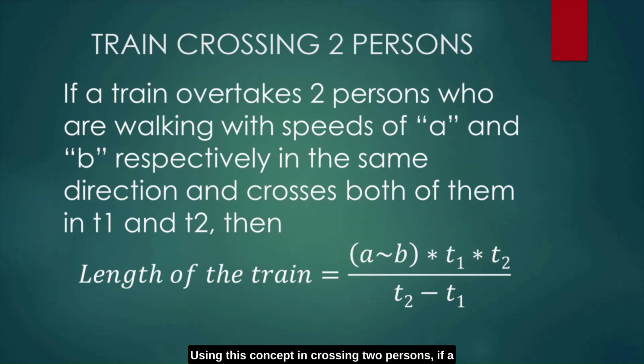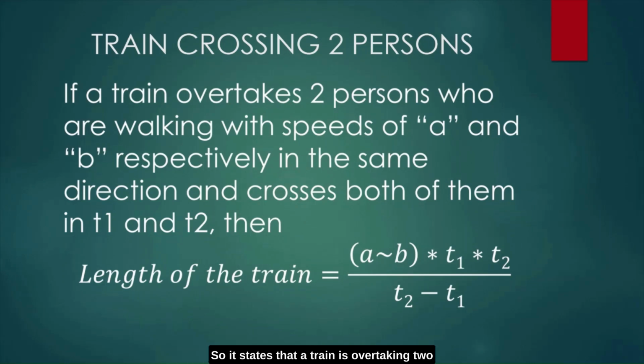In crossing two persons, if a train overtakes two persons who are walking with speeds of A and B in the same direction and crosses both of them in times t1 and t2 respectively, then the length of the train can be found. This concept is similar to a continuation of the early-late concept which we discussed with time, speed and distance.